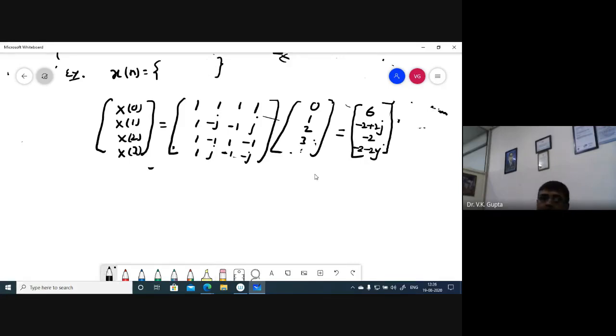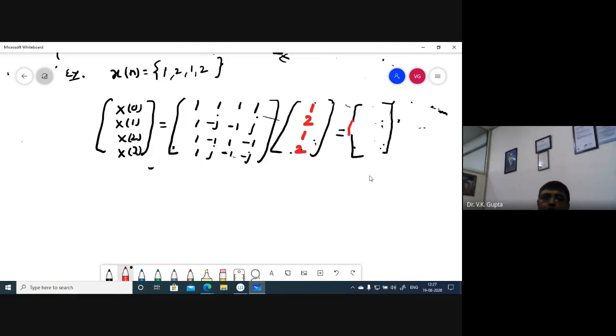The second example was 1, 2, 1, 2, I think. Here the inputs are 1, 2, 1, 2.